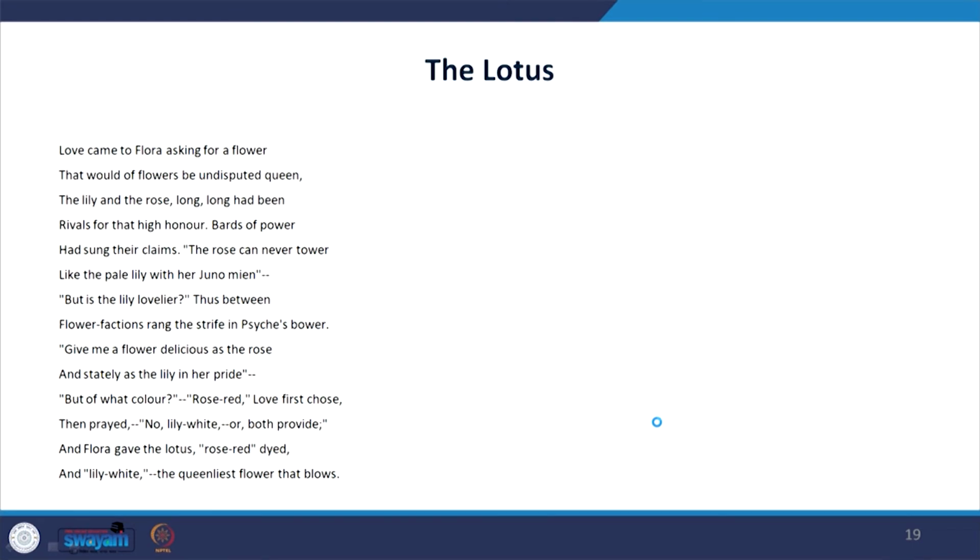So, through this poem, the poetess Toru Dutt actually wants to say that the lotus has its own significant place, even though till now it has not been considered to be as great as the lily and rose. But then, Flora gave the lotus rose red dyed, which has both rose red and lily white, it has the combination of both.